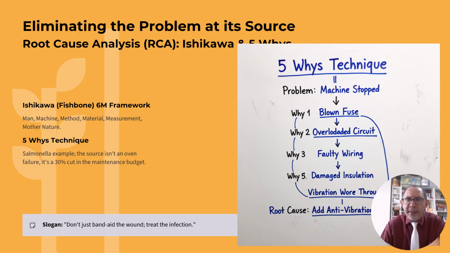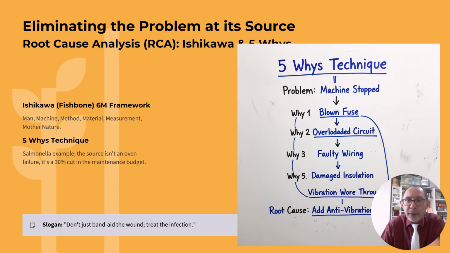Imagine that a ton of products is being destroyed in a poultry plant due to salmonella contamination. At first glance, the oven is to blame, but as you keep asking why, you might find that the root cause is actually a 30% cut in maintenance staff due to budget constraints.